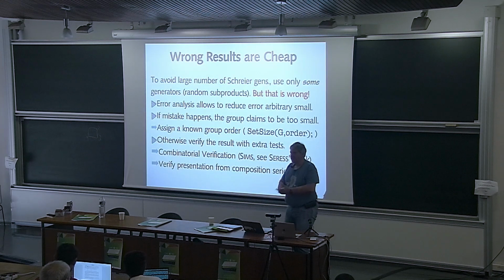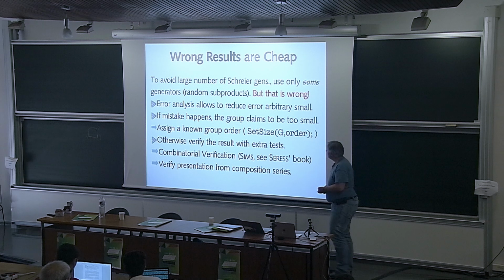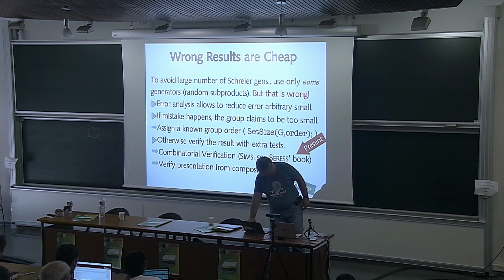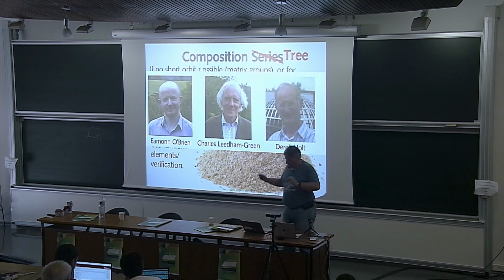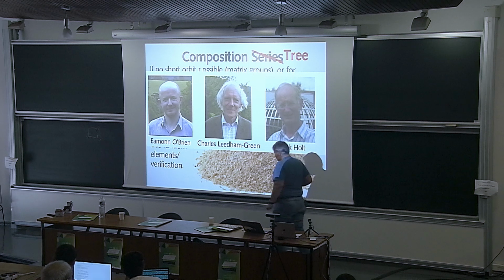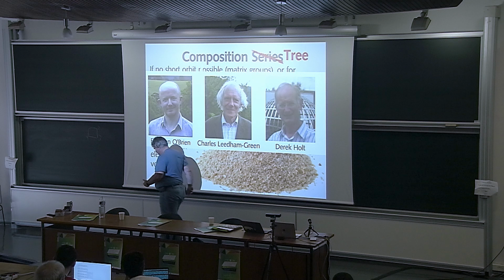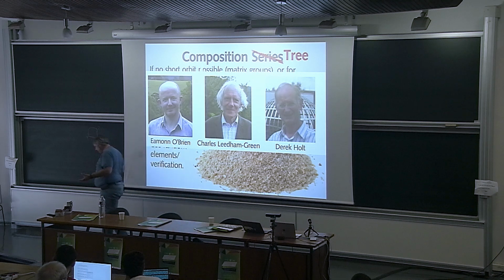Okay, so how does this work? Yeah, that is basically saying the same as the previous slide, just in a different way. So the tool for this is to calculate a composition series of a group, or actually it will have a tree structure.